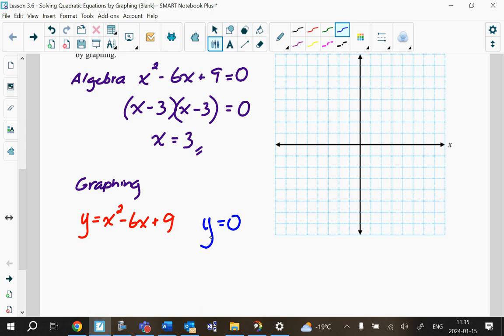You should remember how to graph them from Unit 2, the quadratic functions. What's the first thing we need to do when we graph a quadratic function? What's the point we need to get? The vertex. Do you remember how to get it in this form?